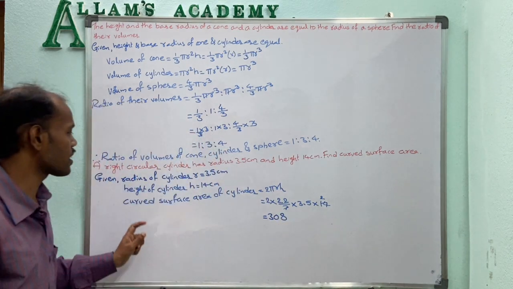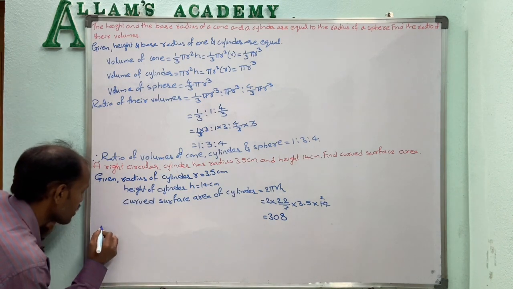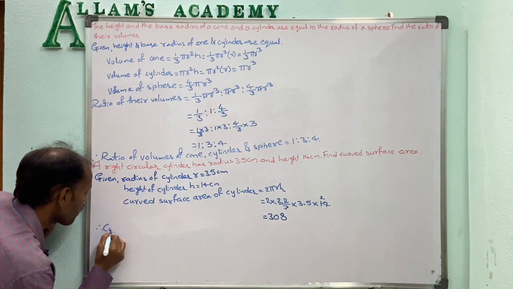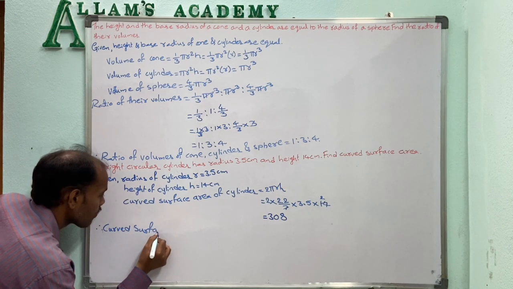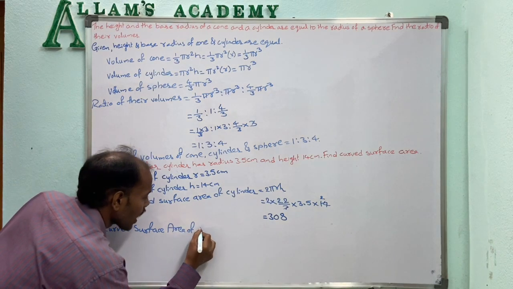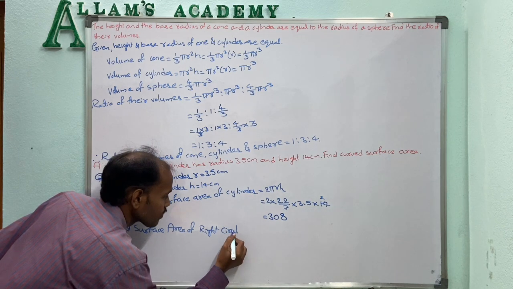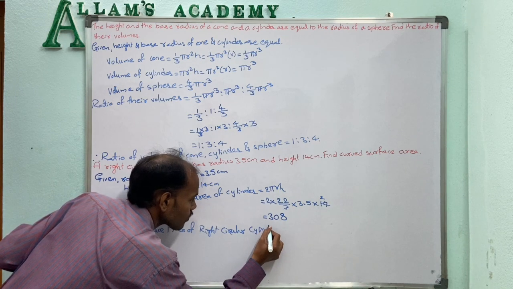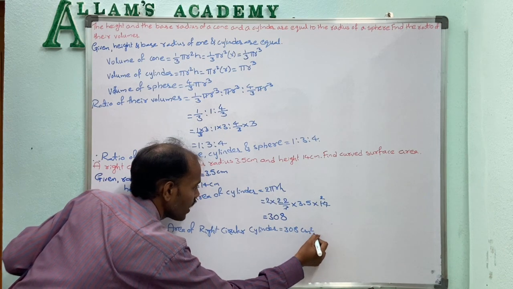So the curved surface area of the right circular cylinder is 308 centimeter square. Therefore, curved surface area of right circular cylinder equals 308 centimeter square.